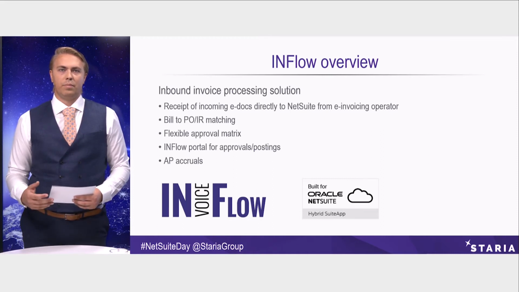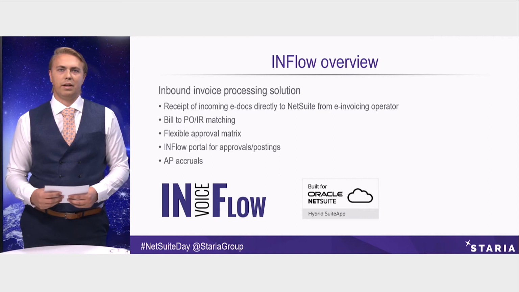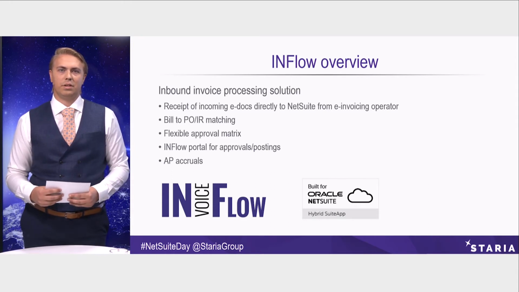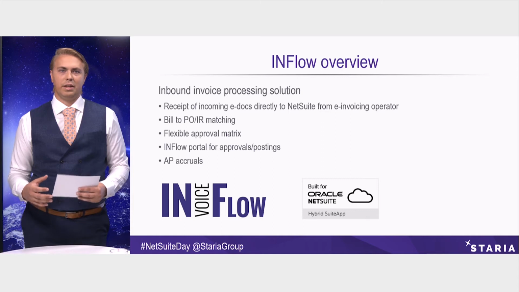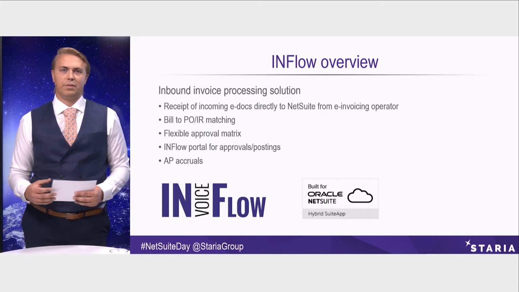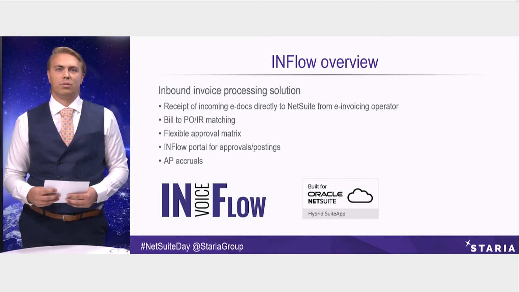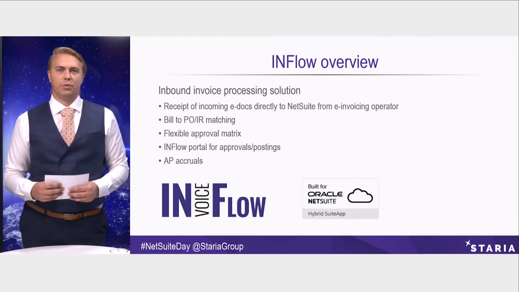As mentioned, we can then set different flows in motion utilizing the approval matrix lists that we create beforehand. This enables you to have a flow to handle the invoices before we involve approvers. Our INFlow portal, that's designed for handling pending approval transactions, does not require any additional NetSuite licenses and gives a user-friendly UI with mass approving, for example, and also one centralized view to use.